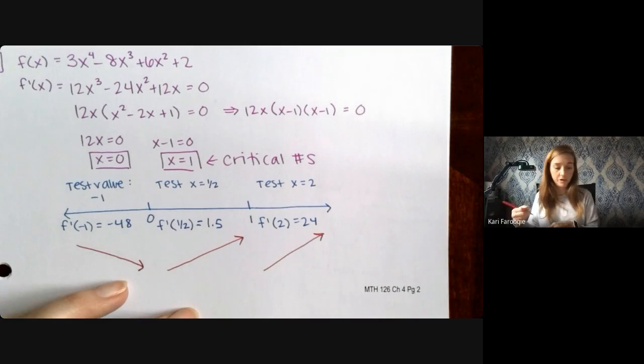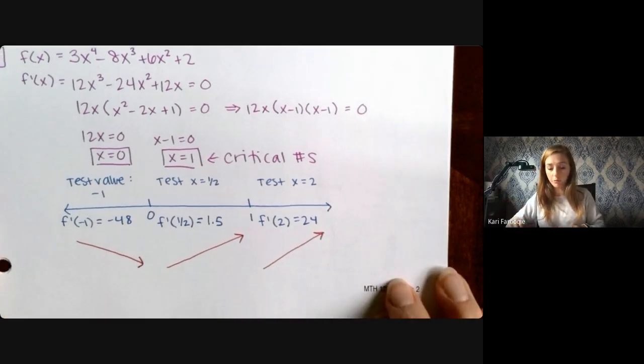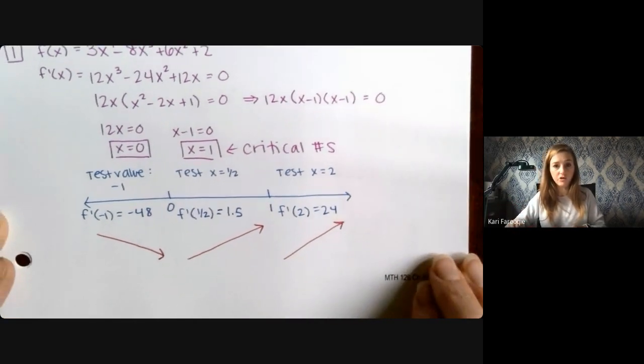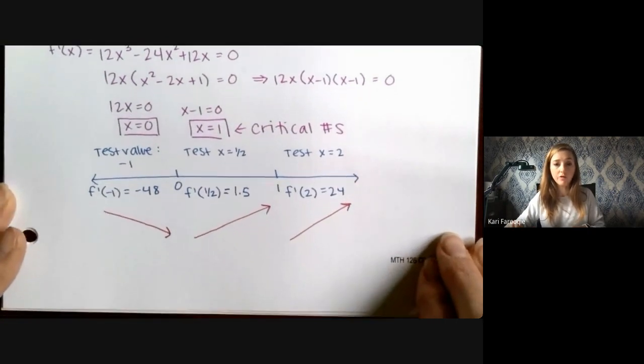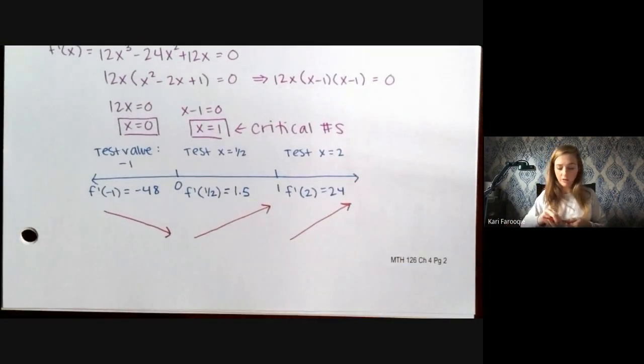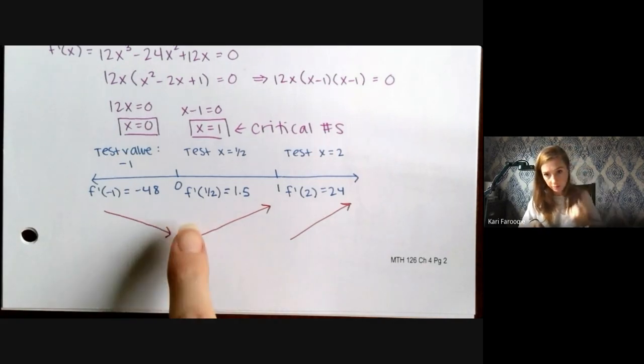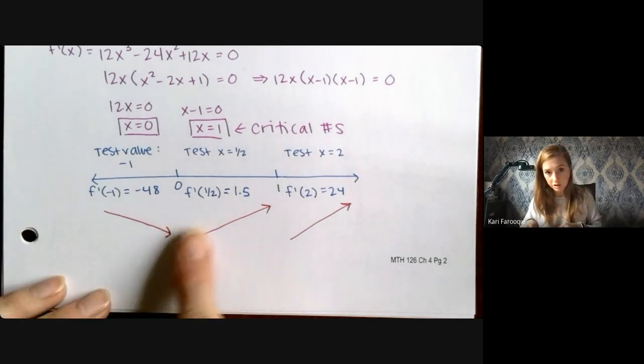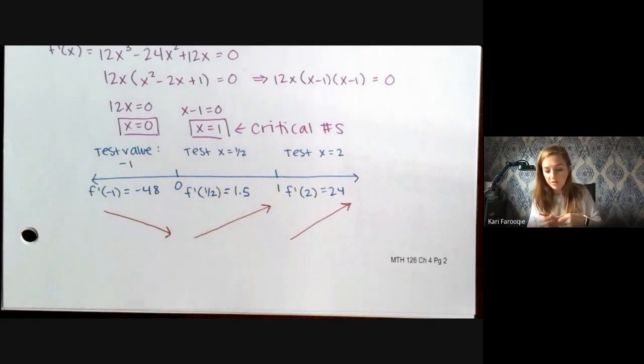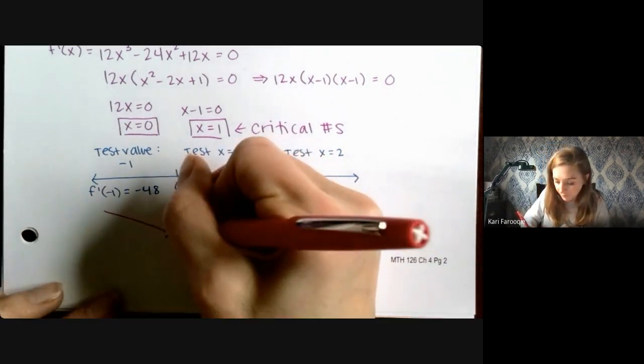Now we can make some conclusions regarding that sign analysis we just did and how it relates to the graph of our function. If my graph is decreasing until I hit the critical number, and then after I hit the critical number, it's increasing, that means that I have a relative minimum at the bottom of this hill.